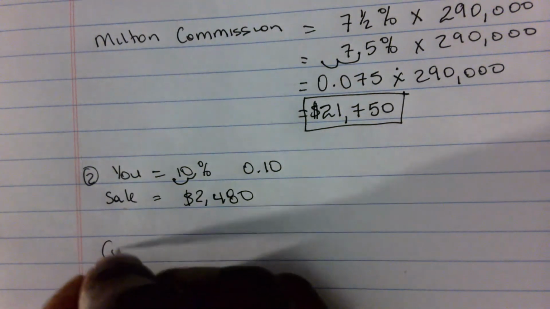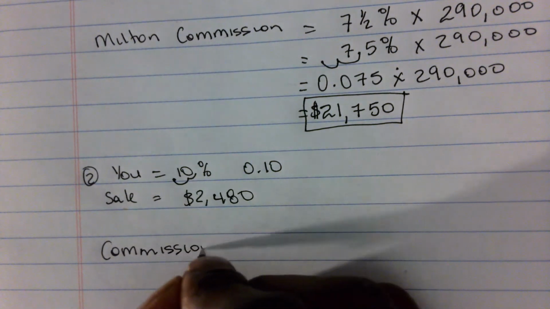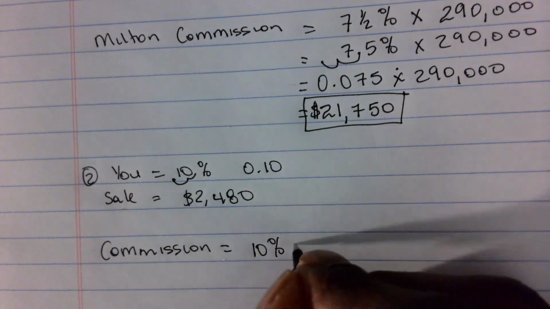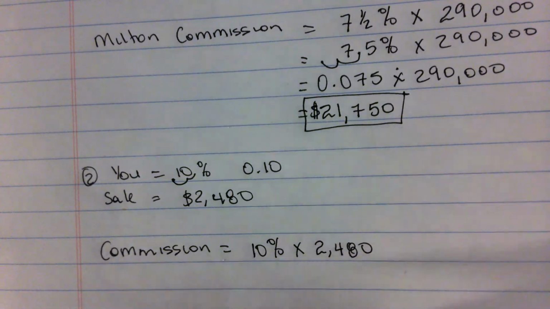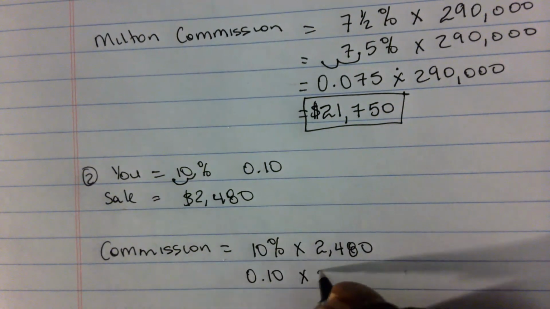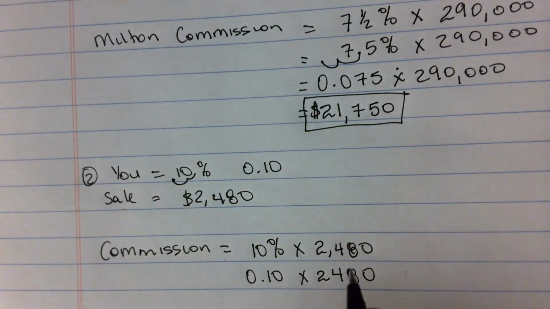So commission is equal to 10% times $2,480, which is going to be 0.10 times $2,480. And if I put that in my calculator, what will my commission be?